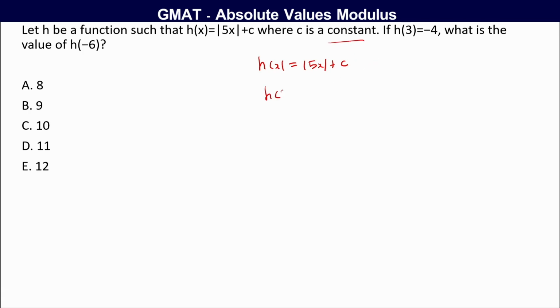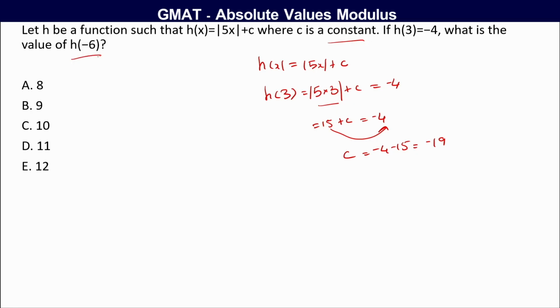We are given that h of 3 is, that is mod of 5 into 3 plus c, is equal to minus 4. Mod of 15 is a positive number, so we write it as it is, 15 plus c is equal to minus 4. Taking 15 to the other side, c is equal to minus 4 minus 15, that is minus 19.